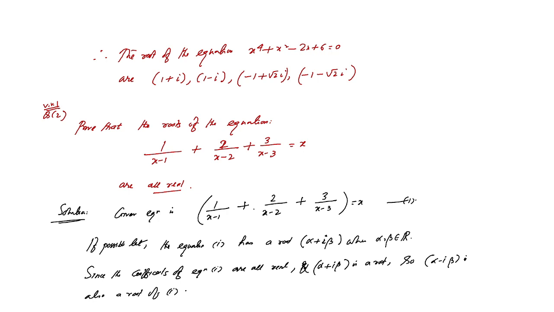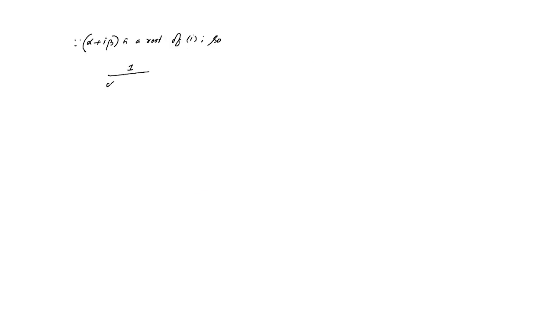Now, since alpha plus i beta is a root of equation 1, it satisfies this equation. We put alpha plus i beta in the position of x. So 1 by alpha plus i beta minus 1, plus 2 by alpha plus i beta minus 2, plus 3 by alpha plus i beta minus 3, is equal to alpha plus i beta.